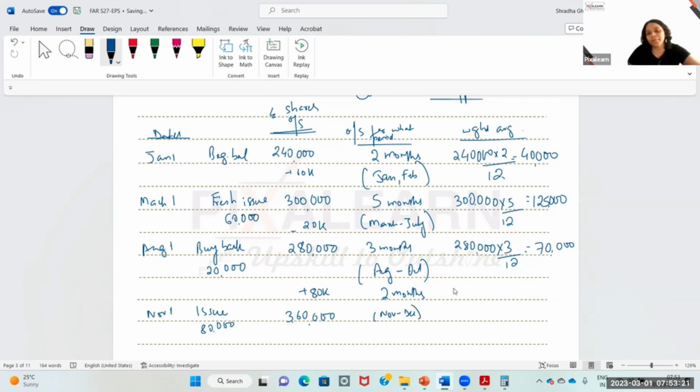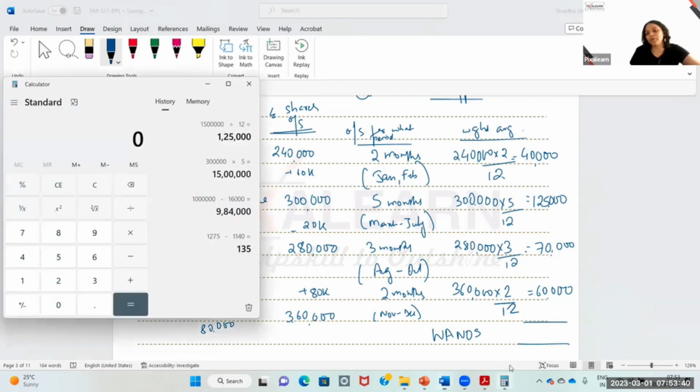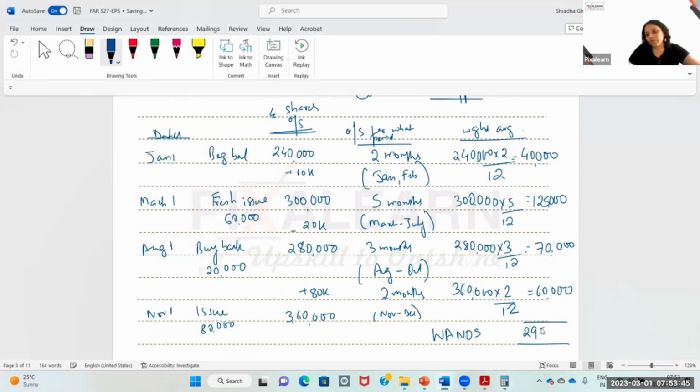So this will become 360 for 2 out of 12 months. Just add up all these shares. So my weighted average number of shares becomes how much? 295,000. Is that clear, guys?